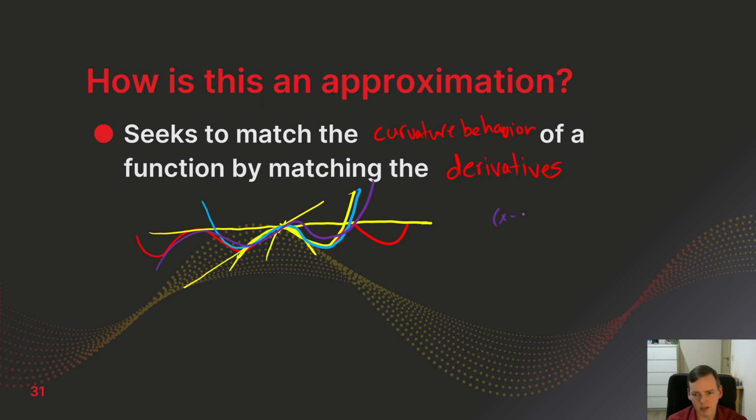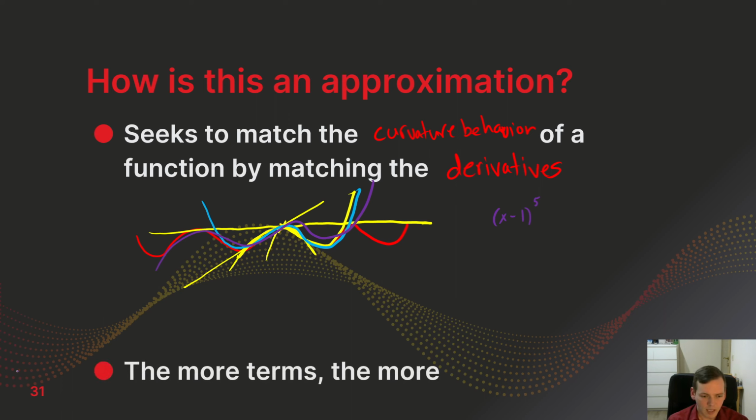So for example, if we have x minus 1 to the 5th, well, that means we've got a 5th order polynomial. We can have 5 of those bumps to kind of match up. And so ultimately, the more terms you have, the more accurate. And therefore, by extension, infinite terms equals exact match.